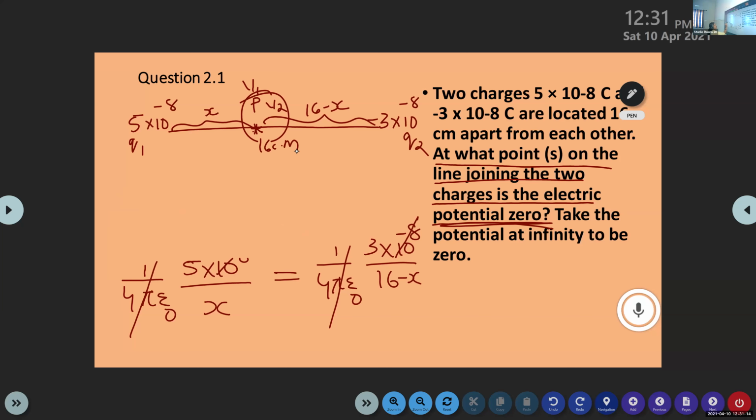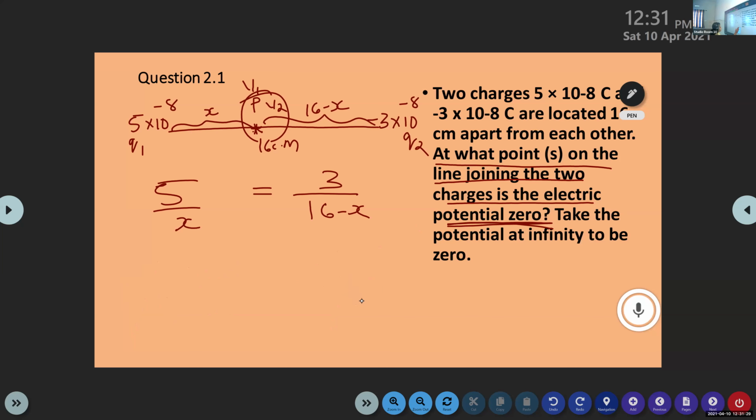Now we have 5 divided by x equals 3 divided by 16 minus x.